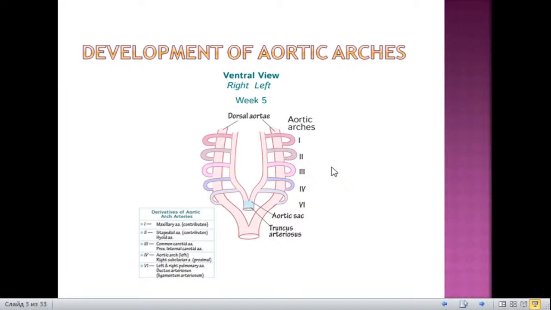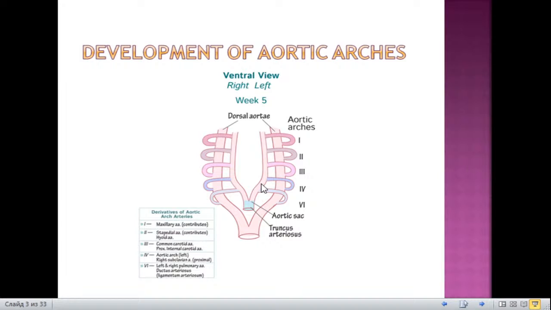After that, the second aortic arch becomes the small stapedial artery. This stapedial artery supplies the stapes of the middle ear. After that, the third aortic arch becomes the common carotid artery and the proximal segment of the internal carotid artery.